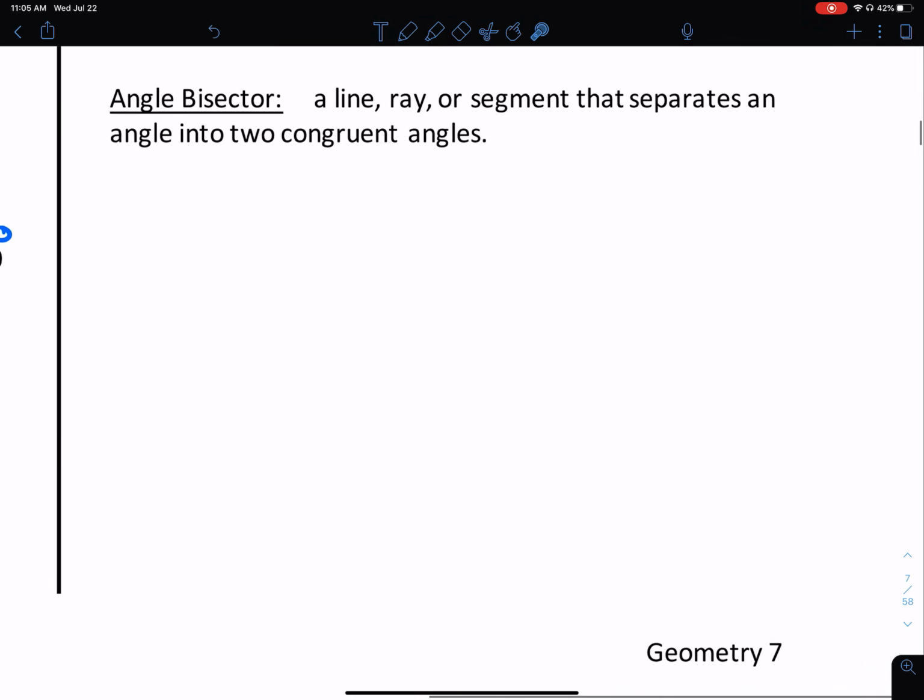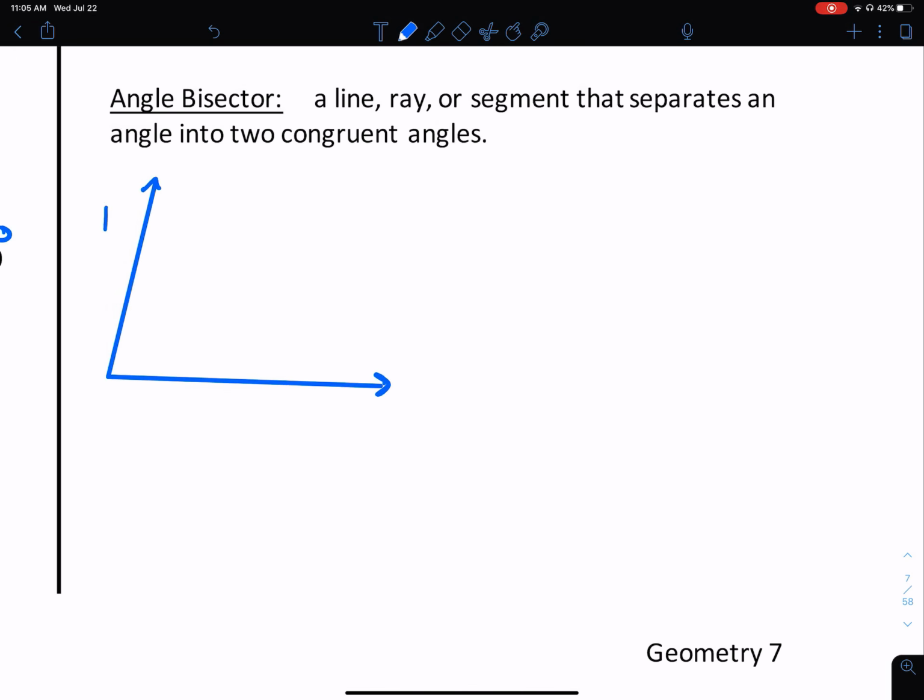Angle bisector. We had segment bisector yesterday. Segment bisector means that the segment is being cut in half, goes through the midpoint by some other line, segment, or plane. An angle bisector is a line, ray, or segment that separates an angle into two congruent angles. So let's draw an angle.